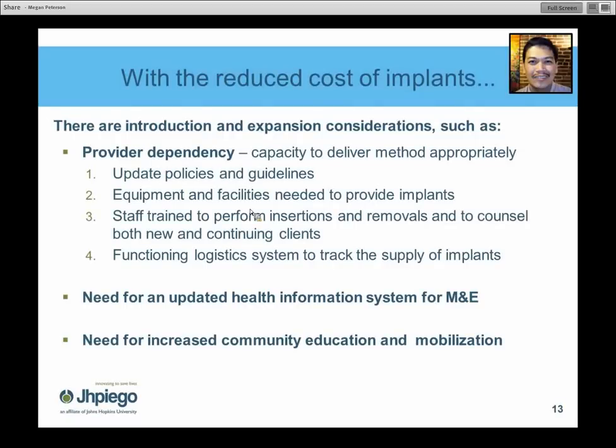Then, because of the introduction of implants, we also need to look at how we are progressing. This means strengthening the health information system for monitoring and evaluation. The other critical part is making sure that women and their families, as well as the community, are aware that there are choices available when it comes to long-acting reversible contraception.